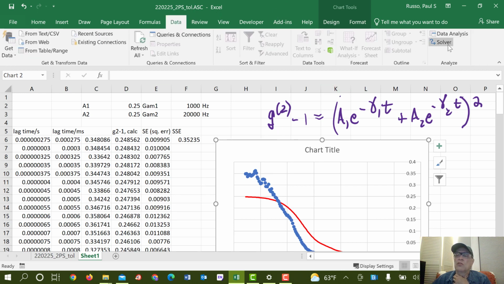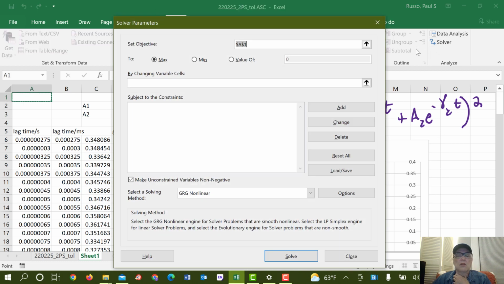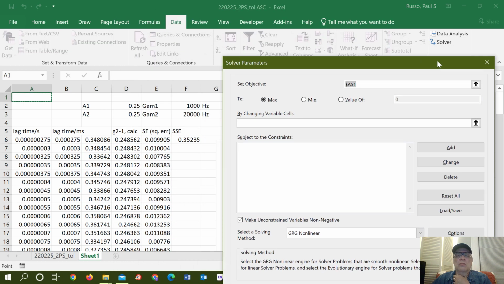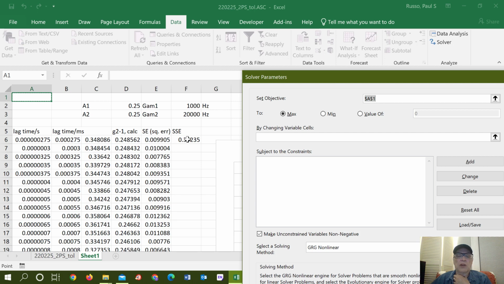Data analysis, Solver. So we're going to set our objective, the sum squared error, to be a minimum by changing these two. And it puts colons between F's maybe and these two. Let's see if that works. F2.